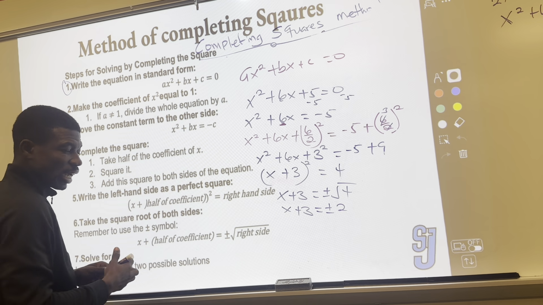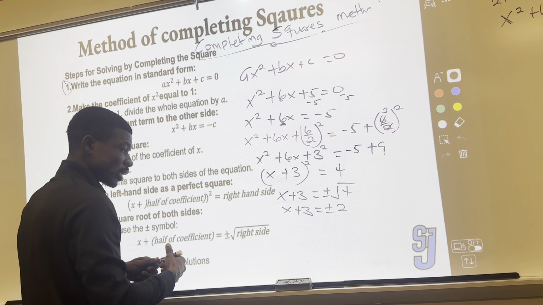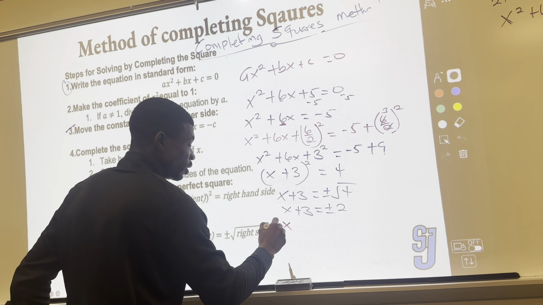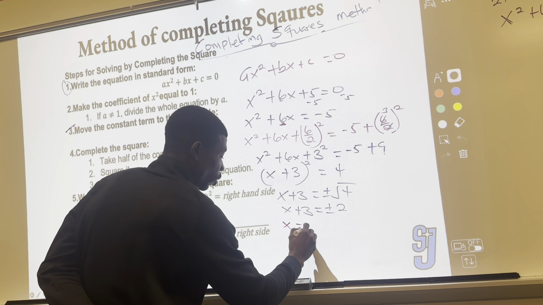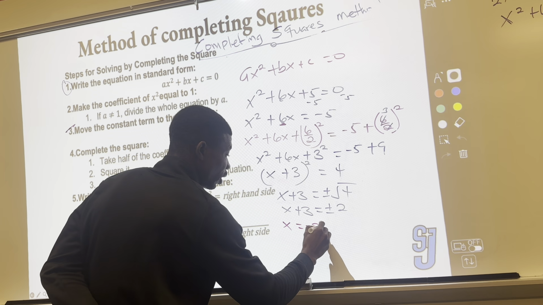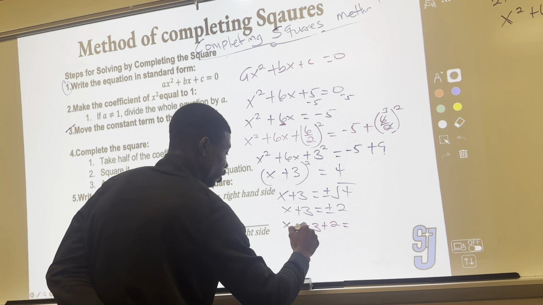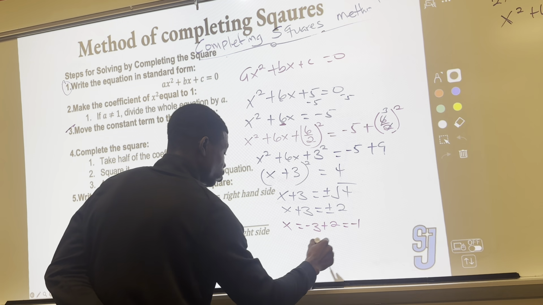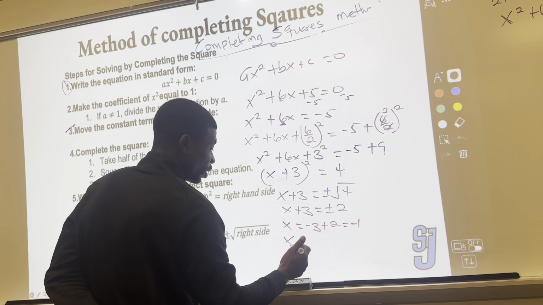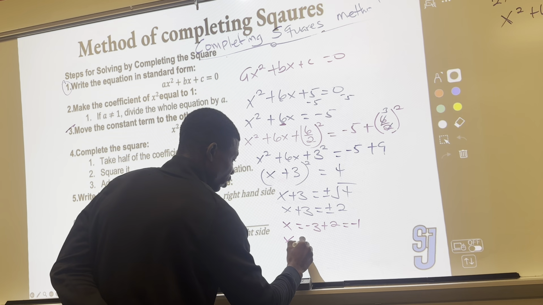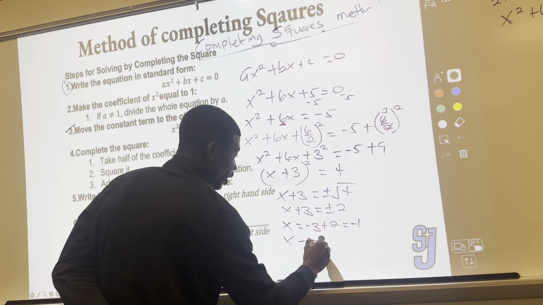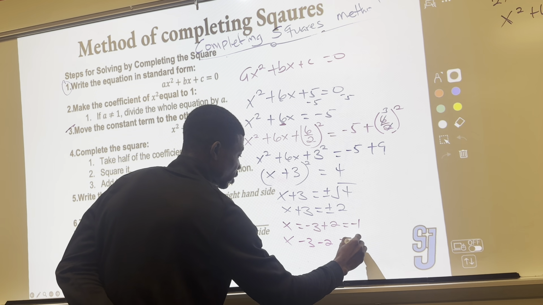Now, I have 2 sides of the equation, so I solve for x. One part of the equation says that my x equals minus 3 plus 2, which equals minus 1. And the other part says I have negative 3 minus 2, which is negative 5.